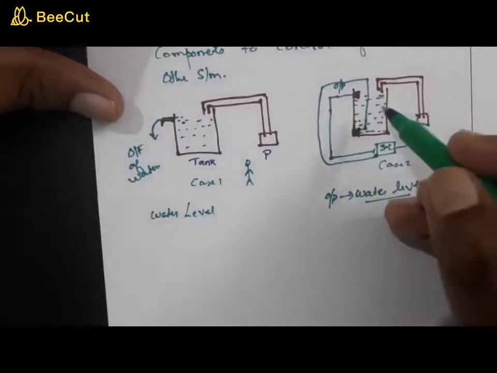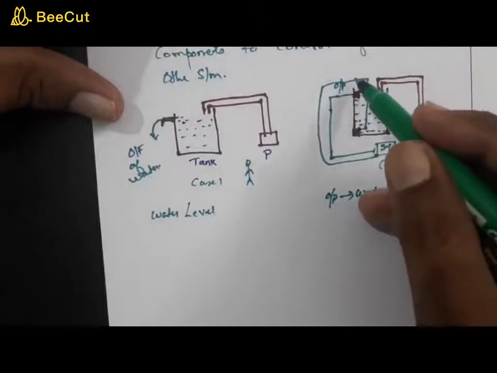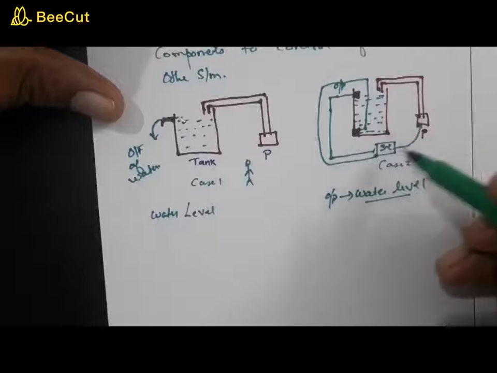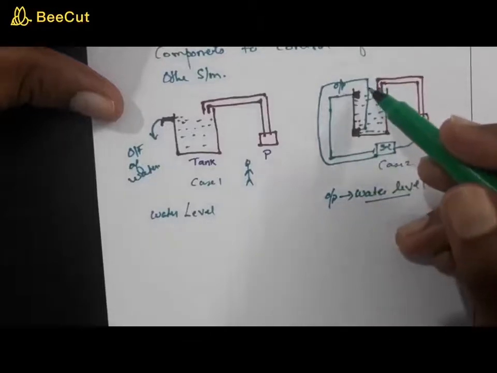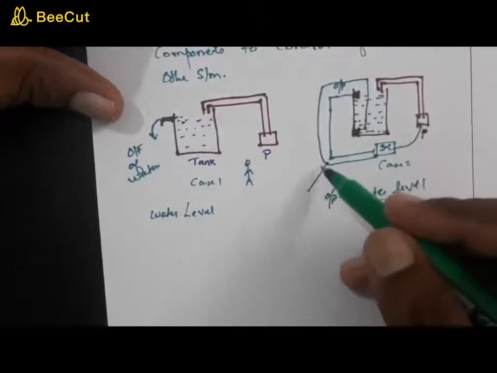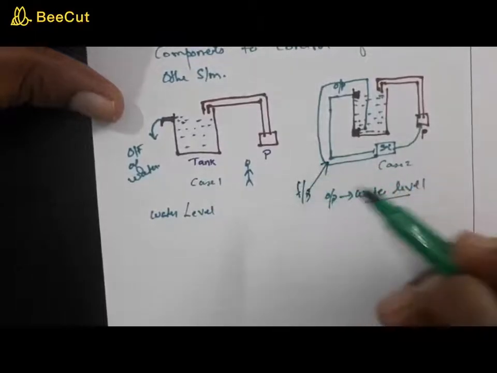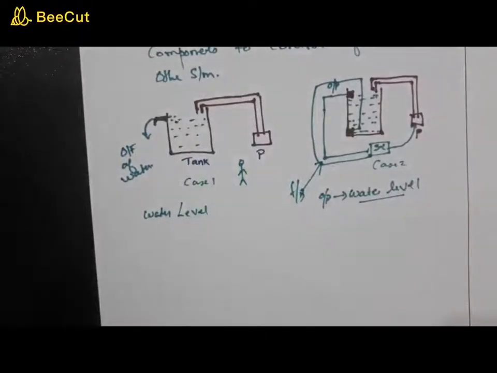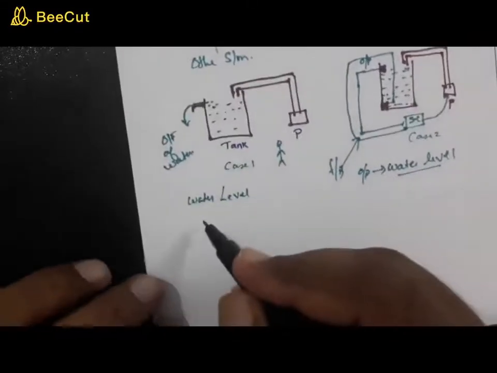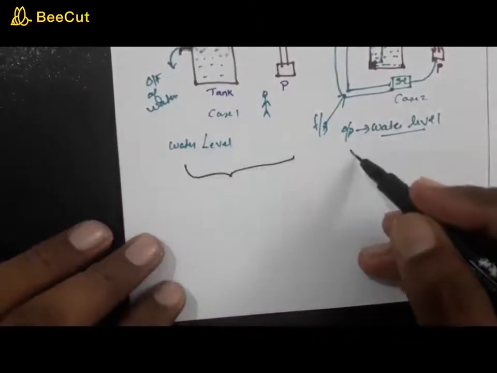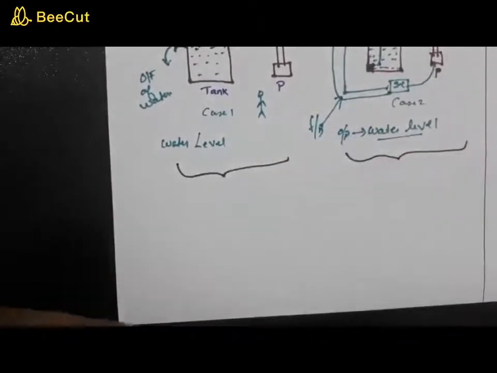Since there is a physical connection from the output side to the input side, we'll call this the feedback. And in the other case you can see there is no such feedback. So from this you can have the classification of these two control systems. These two are control systems. Why are these two called control systems?